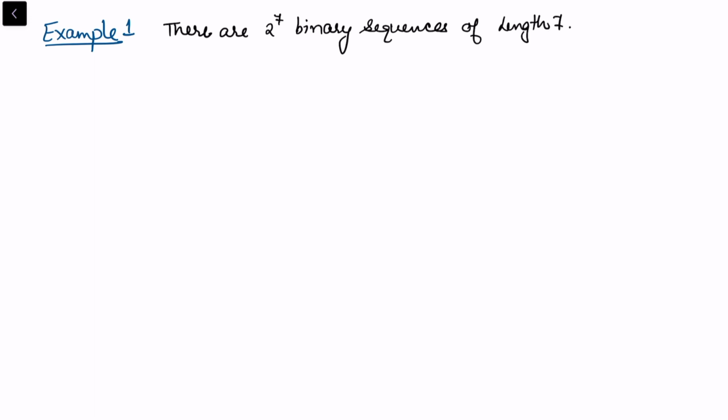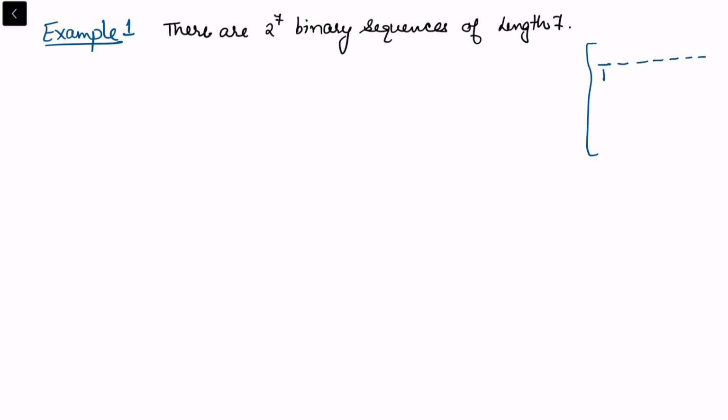In this example, the question starts by saying that there are 2 to the power 7 binary sequences of length 7. This is justifiable. Why can we say so? We want a length of 7: 1, 2, 3, 4, 5, 6, 7.